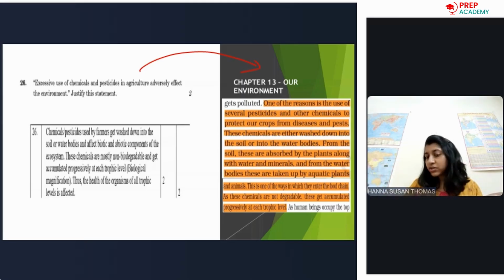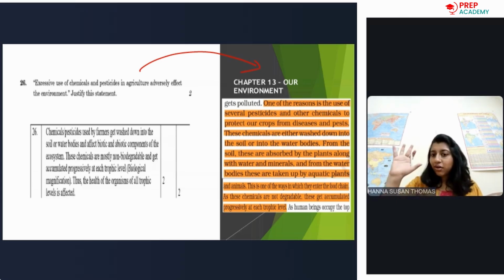If it causes soil pollution, it will be directly taken up by plants. These plants are eaten by herbivores, carnivores, and literally it will affect us also, right? If we are eating products from these plants, these poisonous substances from chemicals and pesticides will enter into our body also.